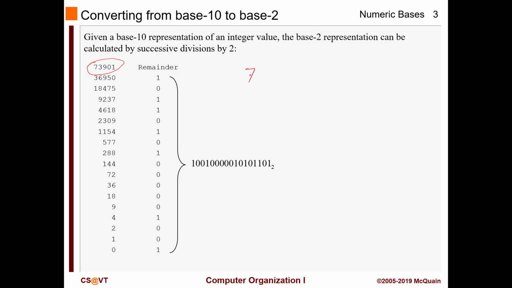So what we can do is something like this: divided by 2, and we have 3, 6, 9, 5, 0, and a remainder of 1. And we keep going and keep dividing it by 2 again and again.